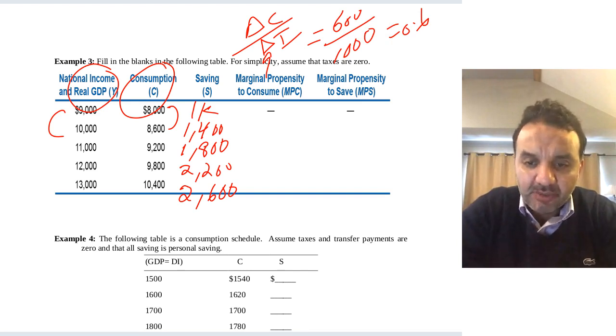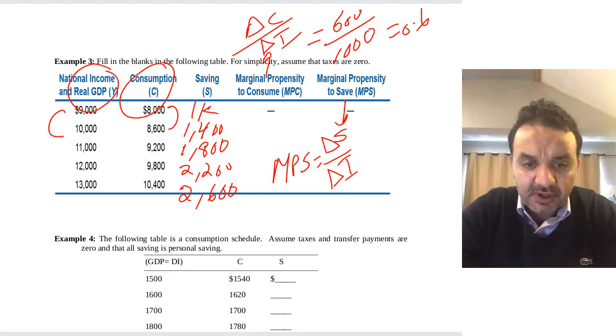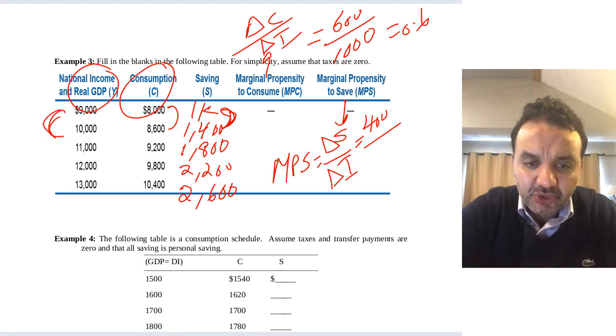Okay, what about the marginal propensity to save? The marginal propensity to save is the change in saving divided by the change in income. So the change in saving here equals 400, divided by the change in income, which is 1,000.